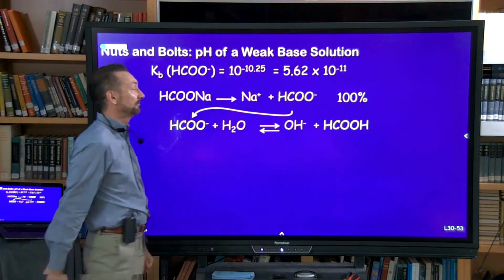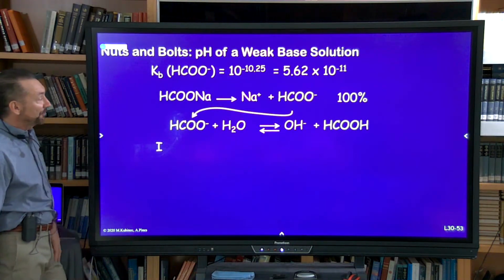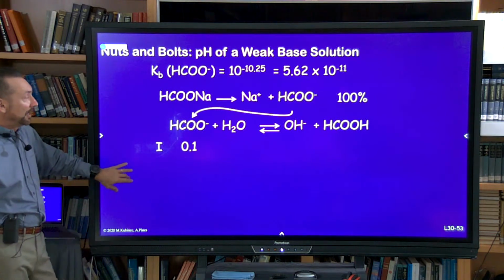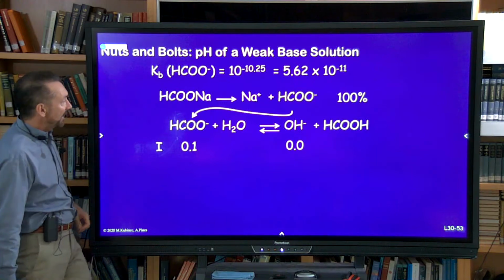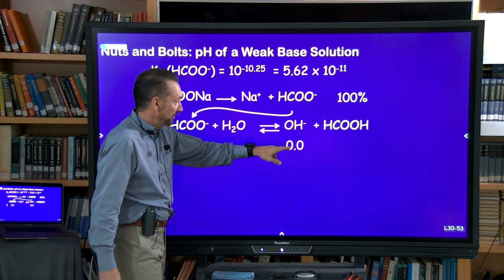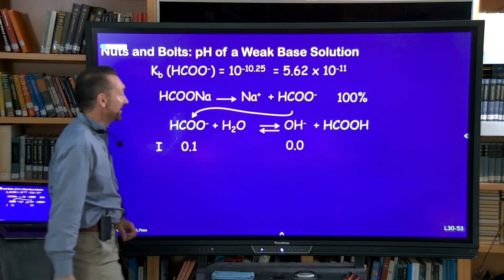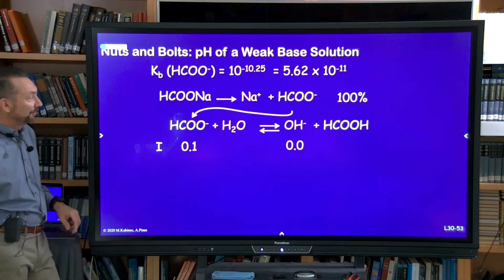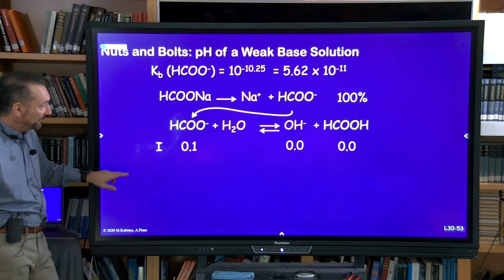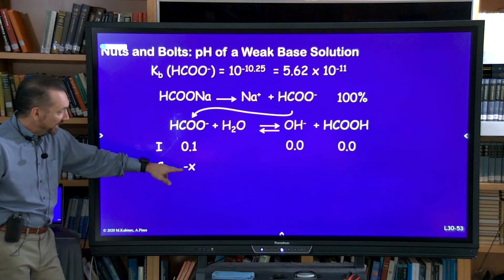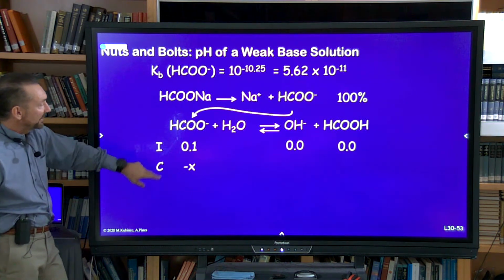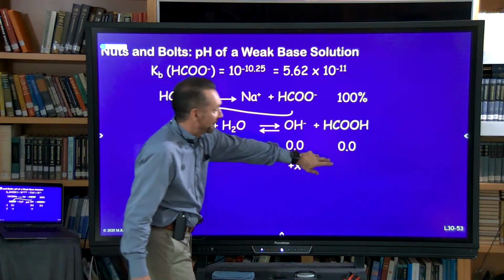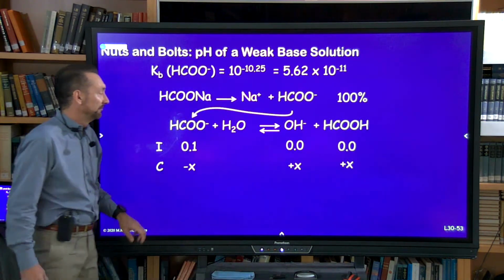It's that. So if I know the K for this reaction, I can go through my ICE box calculation, say, well, if I started out with 0.1 molar of that and none of this, 0 concentrations of those two things, a little of that dissociates, some small amount. For every X molar of that dissociates, you'd get X moles of that and X moles of that.